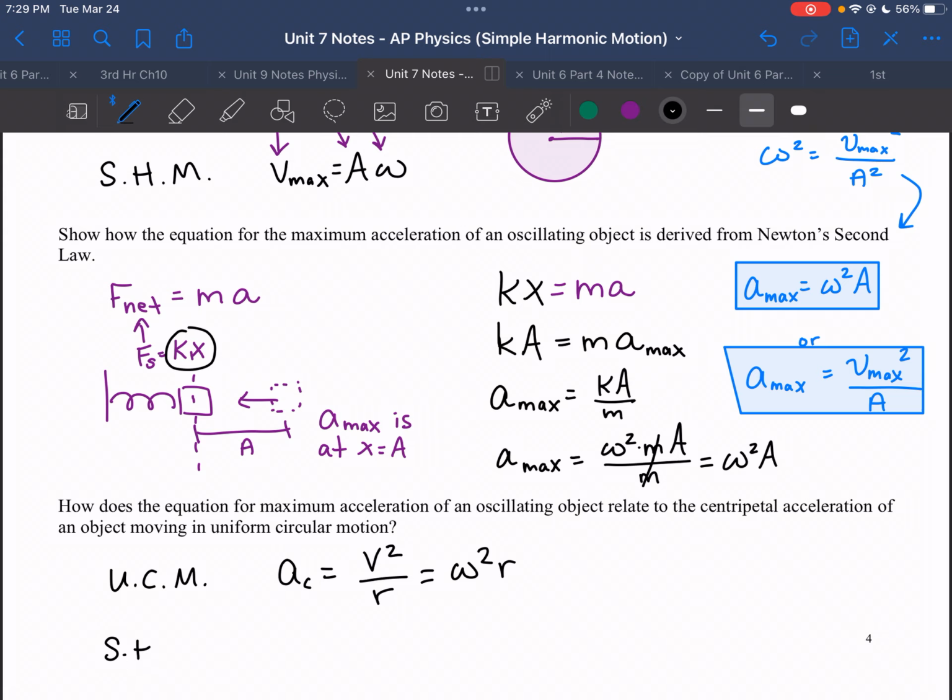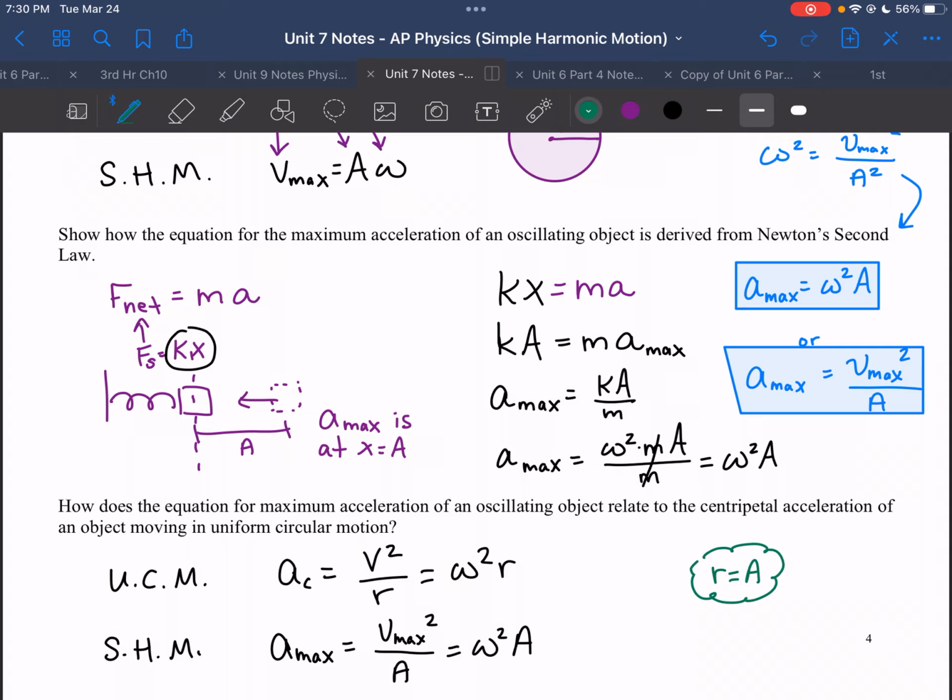In simple harmonic motion, it is exactly the same thing, where the max acceleration is equal to the max velocity squared divided by, instead of radius, we have amplitude again, which is also equal to omega squared times the amplitude. Really, all you have to realize is that the radius is equal to the amplitude. That's the difference. Everything else is exactly the same.